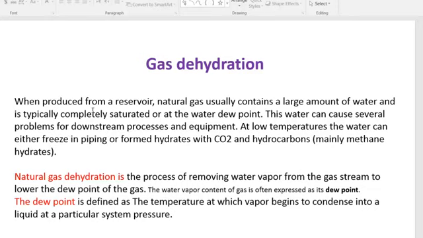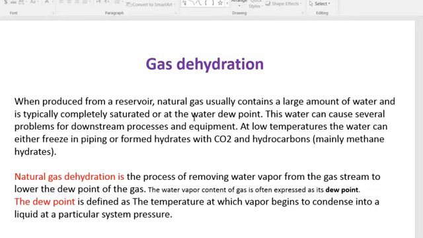When we produce from the reservoir, a large amount of water comes with our production. Then at the separator we separate oil, gas and water.